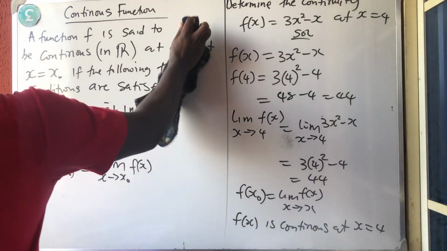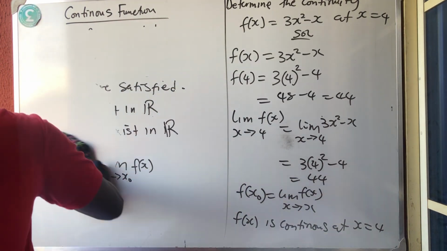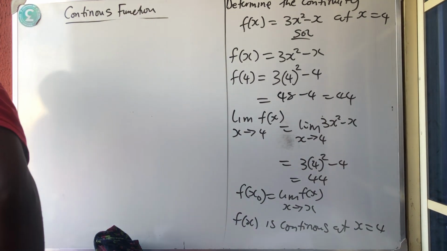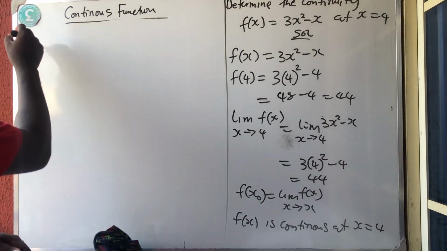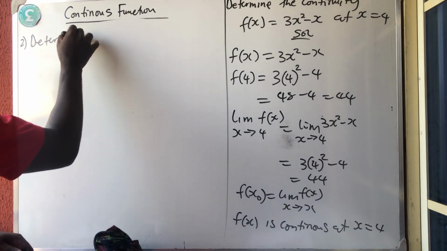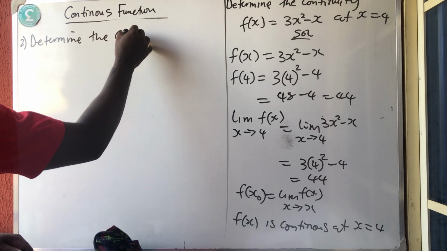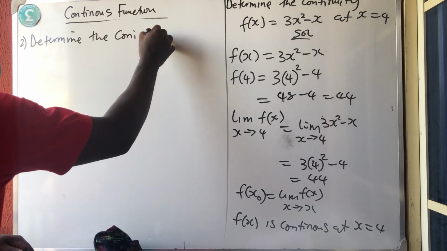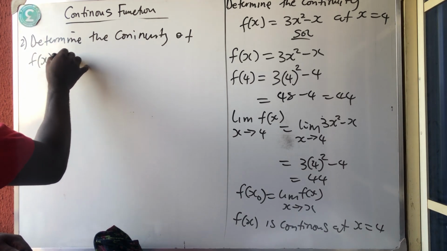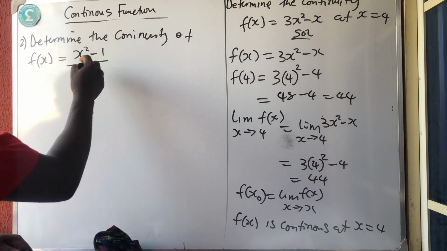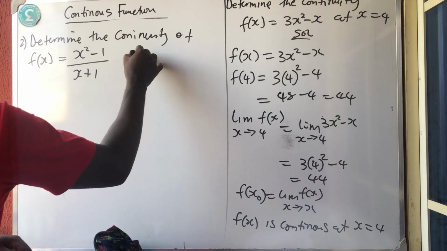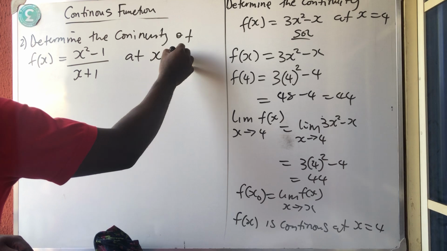Okay, number 2. Determine the continuity of f of x, which is equal to x squared minus 1 all over x plus 1, at x equal to minus 1.